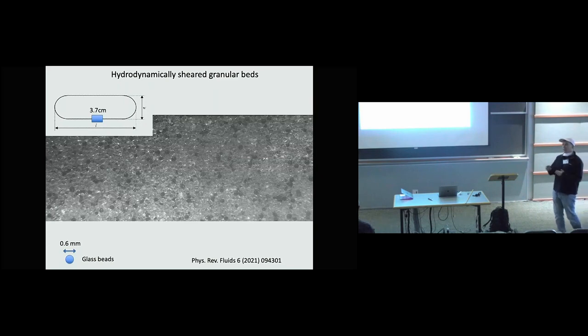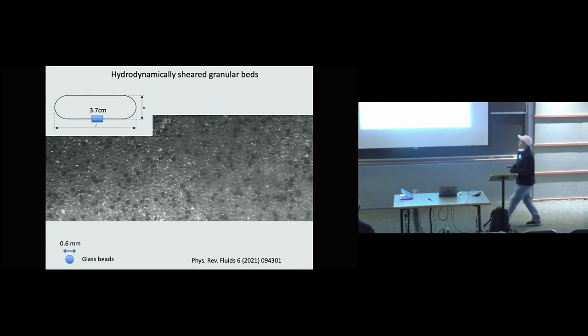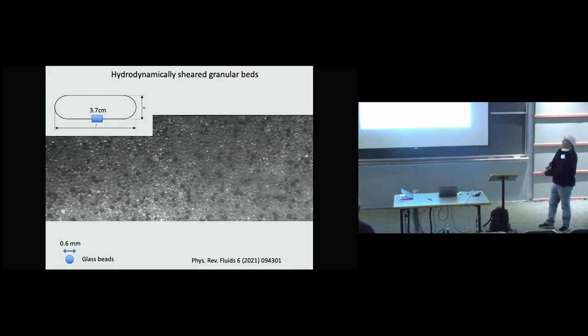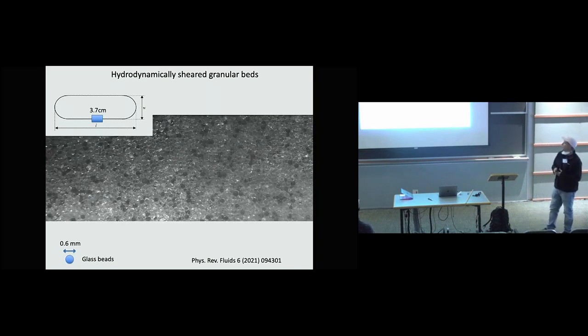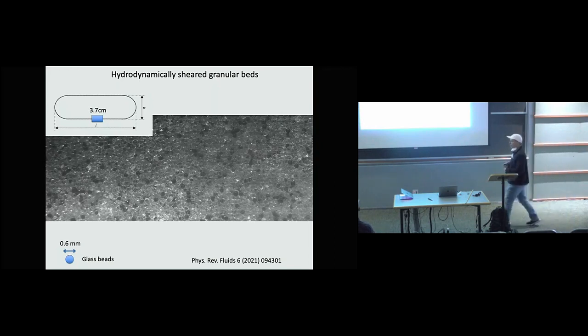As a function of the fluid velocity, he can look at whether the grains are moving on the surface and whether the grains have been entrained in the flow. We can look at movies like this and try to figure out which grains are moving and under what conditions. A lot of this work has been published over the past couple of years.